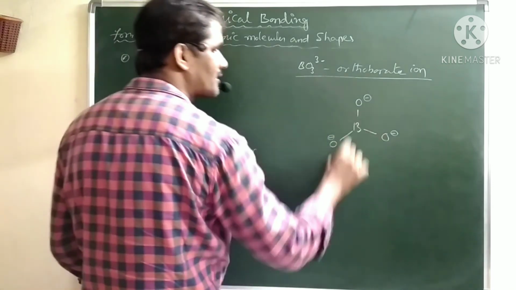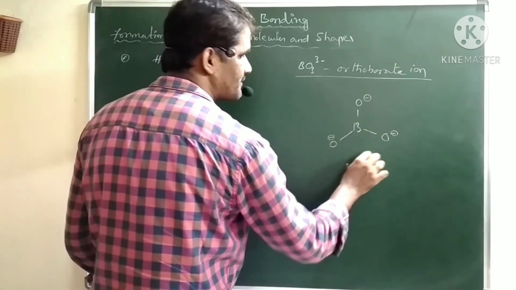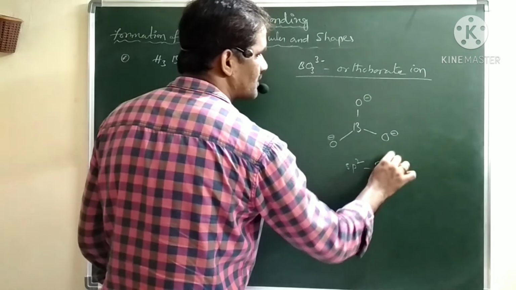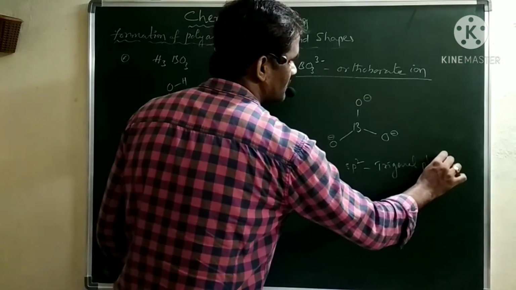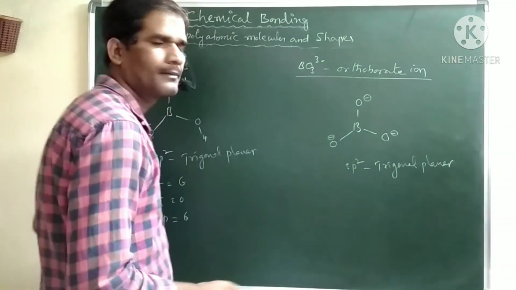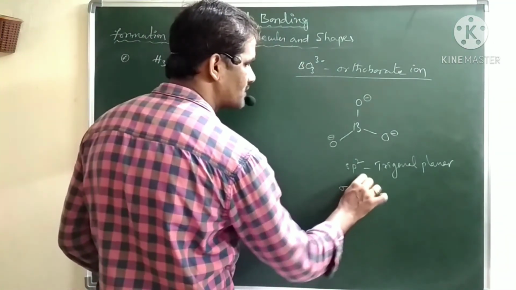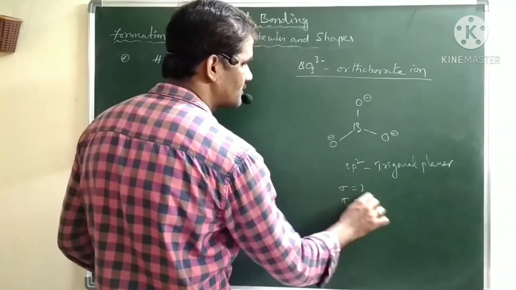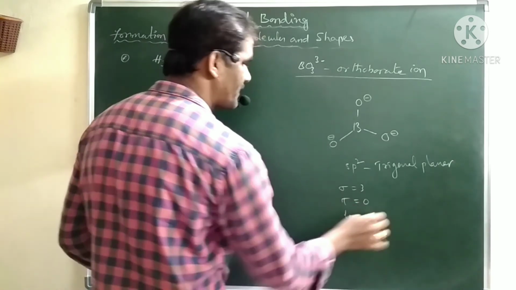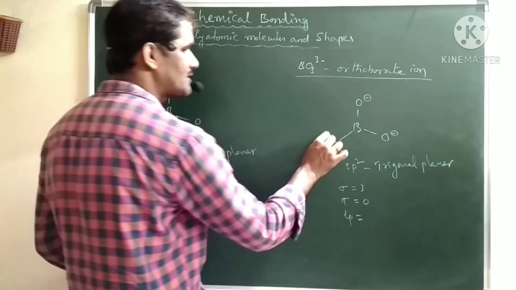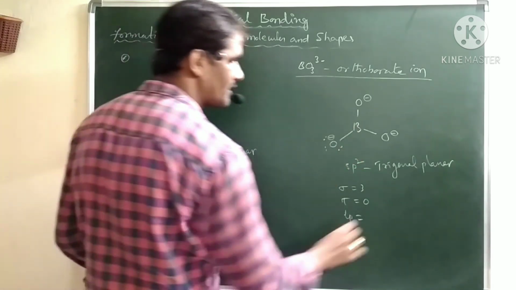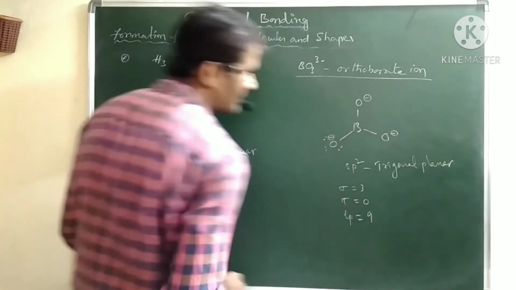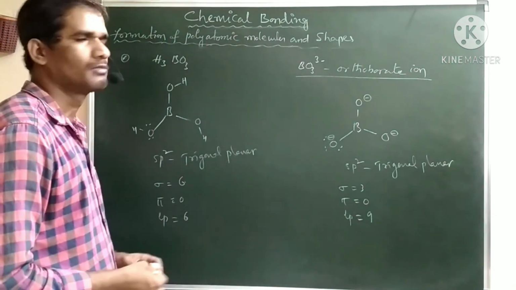Again, the central atom boron will undergo sp2 hybridization, same trigonal planar geometry, but the total number of sigma bonds is 3, total number of pi bonds 0, and for the total number of lone pairs in this molecule, now each oxygen carries 3 lone pairs. So 3 into 3, we have here 9 lone pairs on the orthoborate ion.